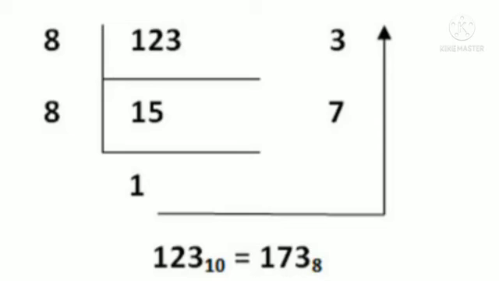Similarly, we keep dividing until we get 0. So now the answer is 173, reading from the bottom to the top. The base value will be 8 because we have converted this decimal number to an octal number.